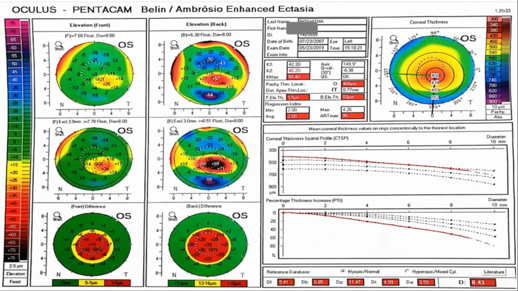Also at the bottom, the reference database between myopic normal and the hyperopic mixed cylinder. All these small things, and how to look at the corneal pachymetry maps, the colored maps on the left, the elevation maps, how to use them. I think we should start our next class with this and then go on to the other stuff.